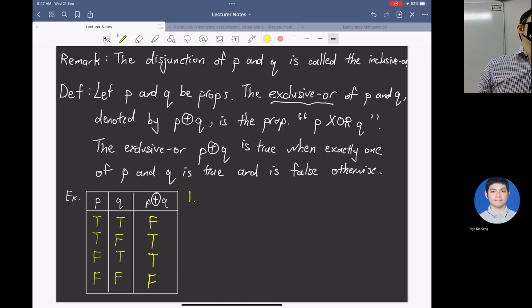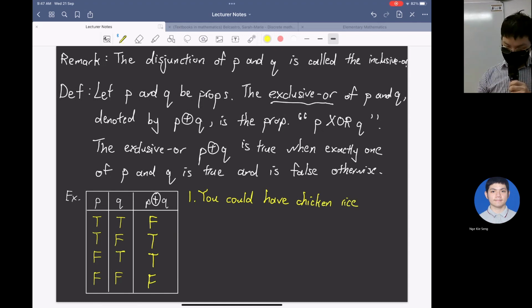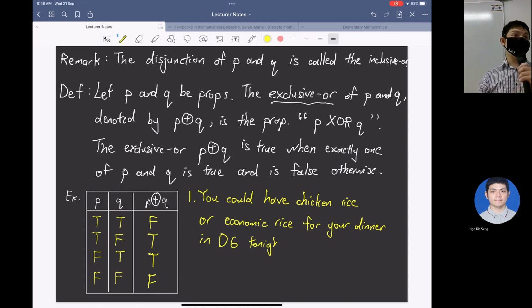You can only eat one. So you could have the chicken rice or the economic rice for your dinner in D6. You can't eat both, otherwise you'll be too full.